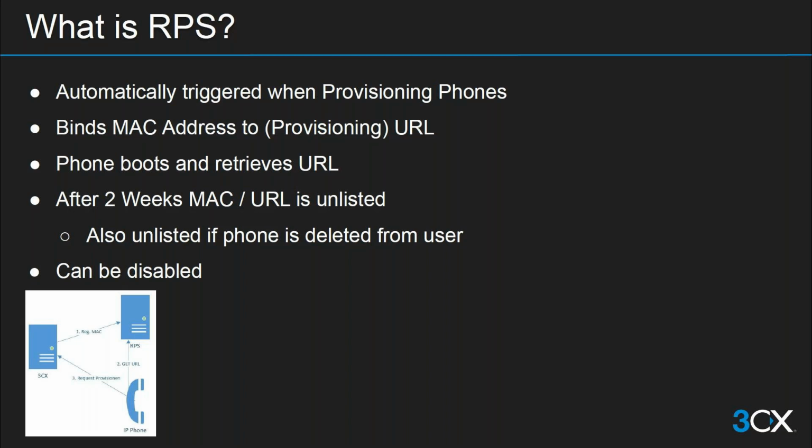However, since we triggered the phone, it is not in a fully factory-defaulted condition anymore, so it is not guaranteed that it will actually go out and ask for the provisioning information on Yealink's end. Yeah, so that's a little bit of a fluffy status.